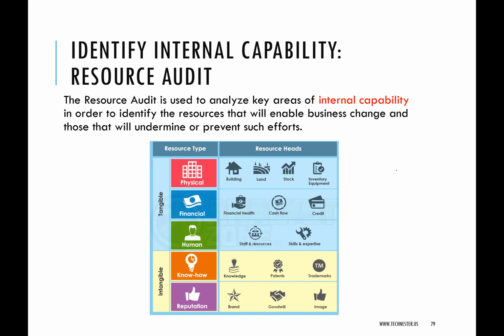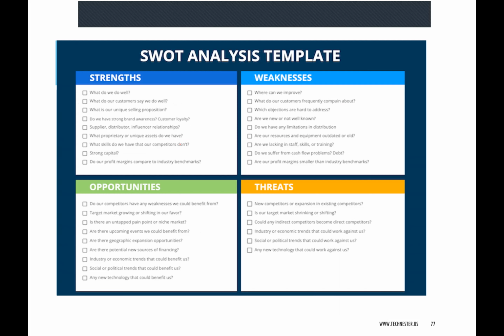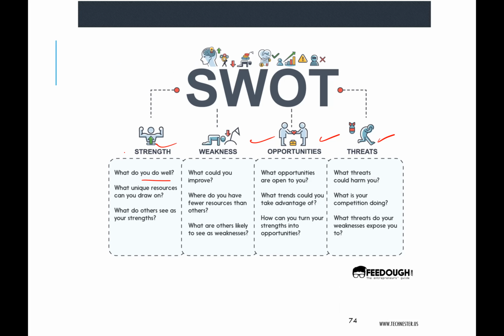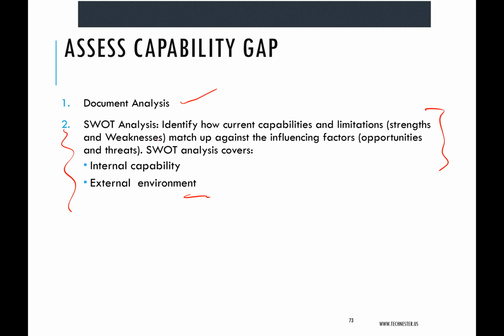So that's why I want to show you an advanced method. Now, what you have to remember is when we were looking at the definition of SWOT analysis, we said SWOT analysis identifies current capabilities and limitations, so strengths and weaknesses, right? And how these strengths and weaknesses match up against influencing factors of opportunities and threats.